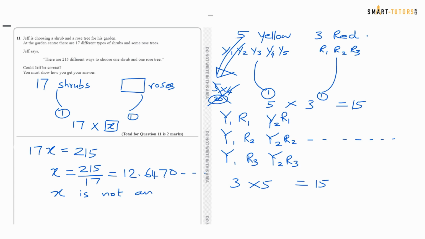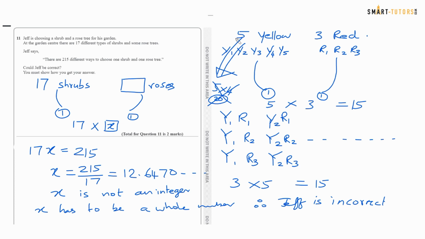If you press the calculator, you will get 12.6470... So X is not an integer. X indicates the number of rose trees, so X has to be a whole number.